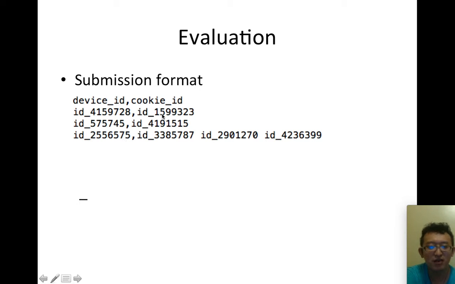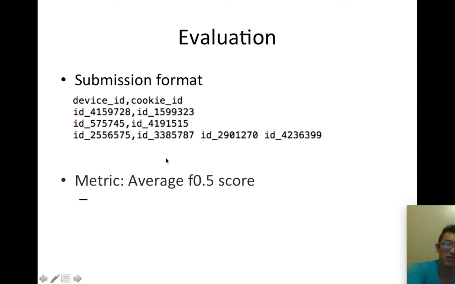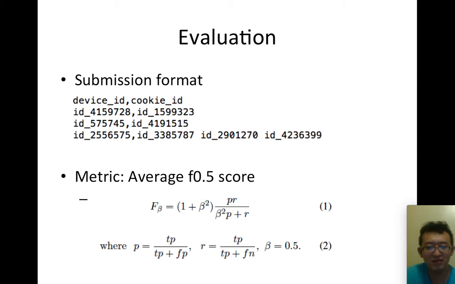Here I want to point out that it's possible a device has more than one cookie connected to it. It's evaluated by the F0.5 score. Basically, for each device, we can calculate an F0.5 score.